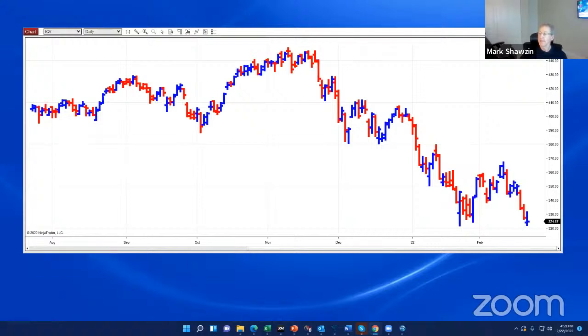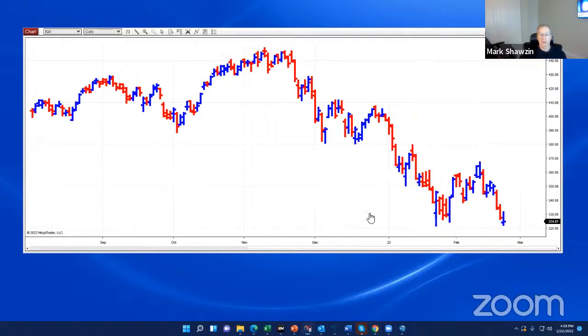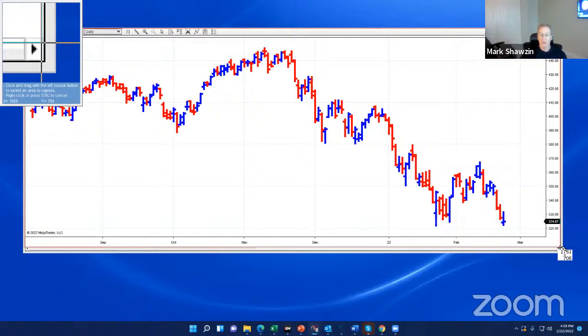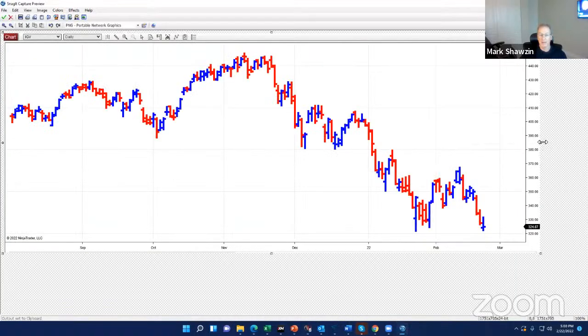So Sang says, can you explain entry point? Yeah. So let me just take the chart that we have right here. Now I look at markets in terms of energy flow and just really a picture and an aesthetic.